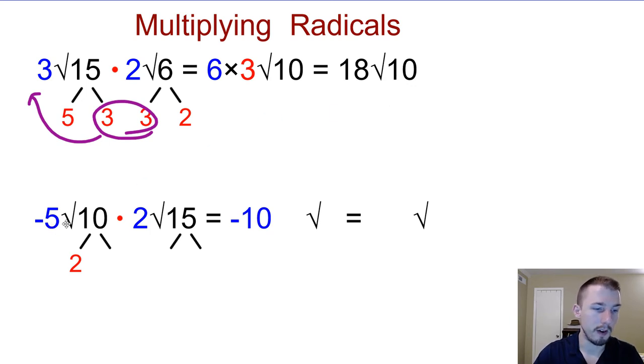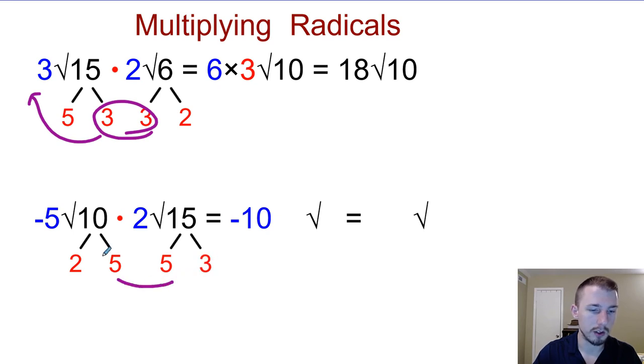So negative 5 and 2. On the outside, we're going to have negative 10. On the inside, we have 10 and 15, which is 150. You could multiply them together, but then you're going to have to break them down right back to the 10 and the 15. So let's just break them down now and see if anything comes out. That's going to be 2 times 5, and then 5 times 3.